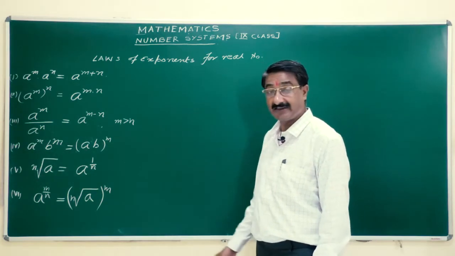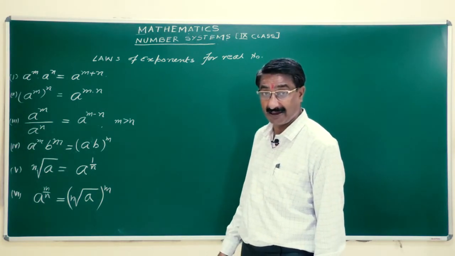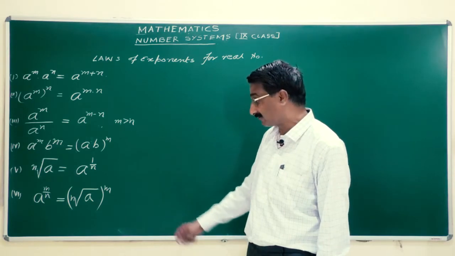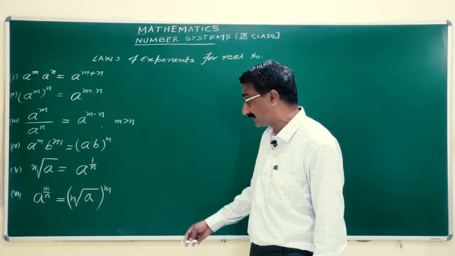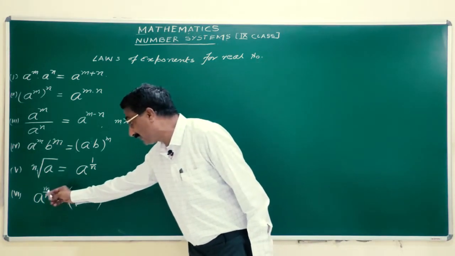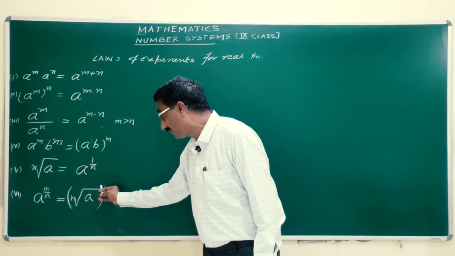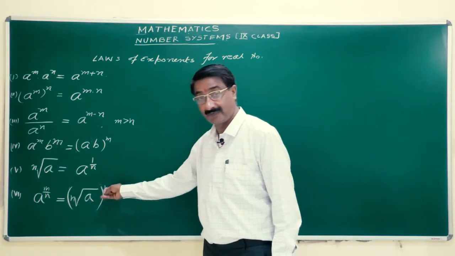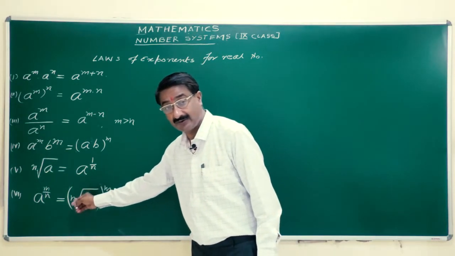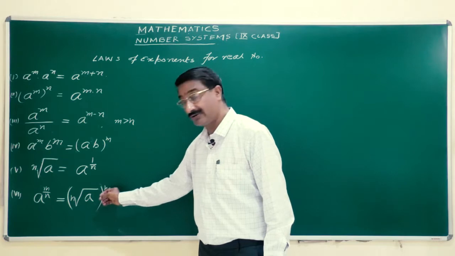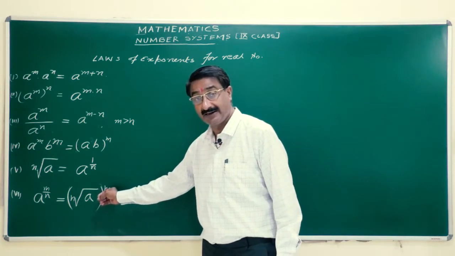Sixth one, a raised to the power m upon n. We have not discussed this one in the previous lecture. So a raised to the power m upon n is equal to the nth root of a raised to the power m. Clear? The nth root of a, the whole raised to the power m.